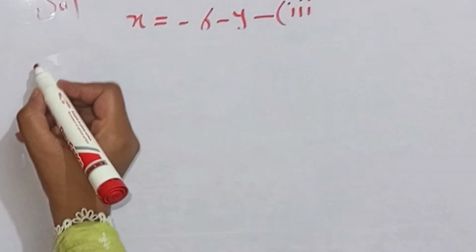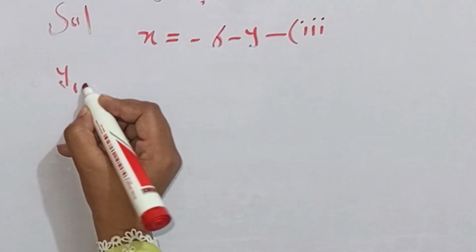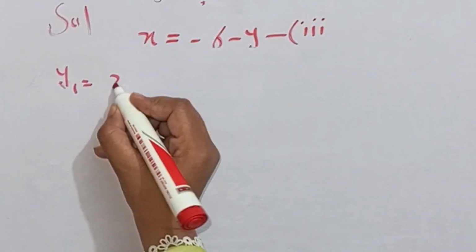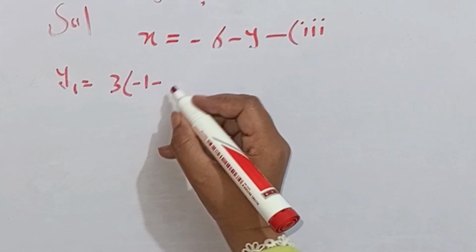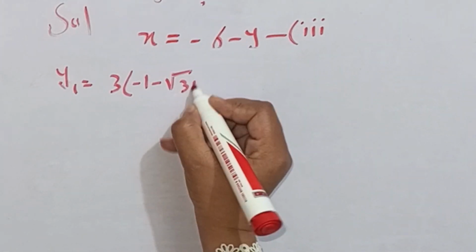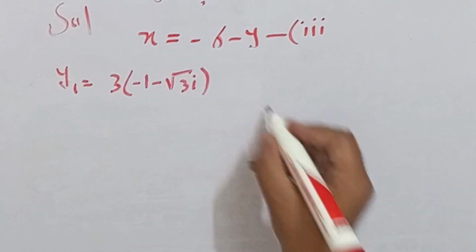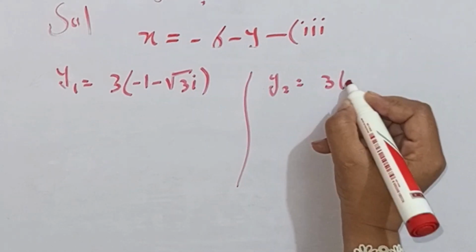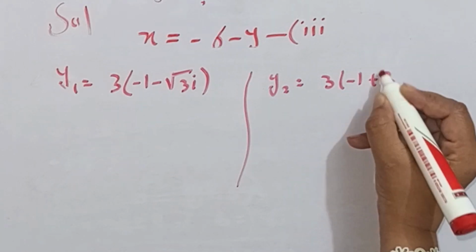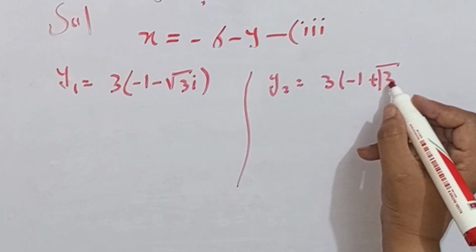So we get the two values of y. y1 is 3 times negative 1 minus 3 times square root 3 iota, and y2 is 3 multiplied by negative 1 plus 3 times square root 3 iota.